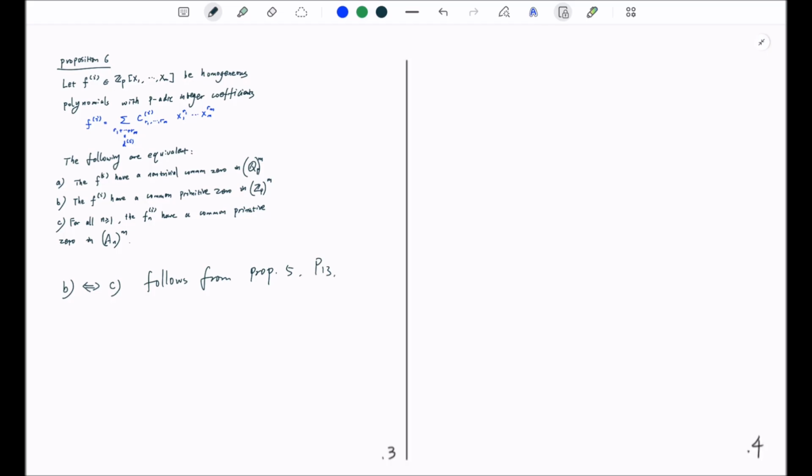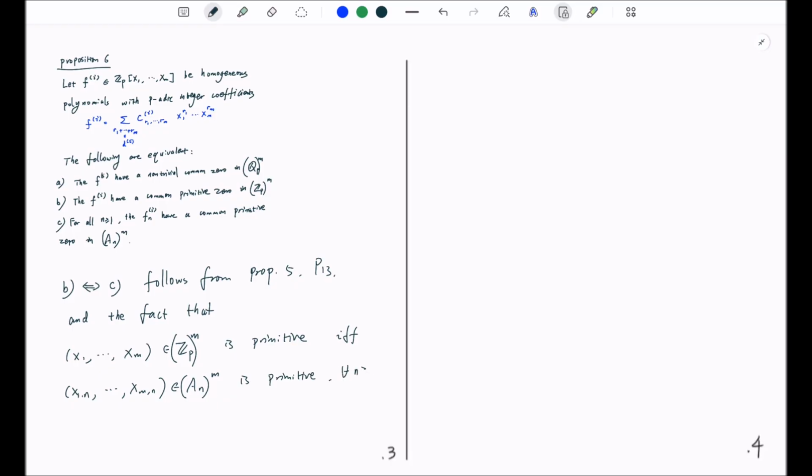And the fact that x_1 through x_m is primitive in Z_p^m if and only if their reductions x_1^n through x_m^n in A_n^m are primitive for all n. This is not hard to see.